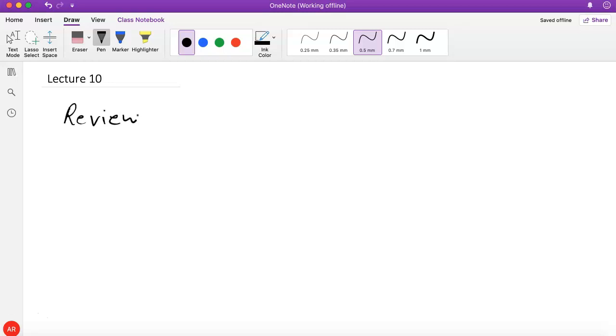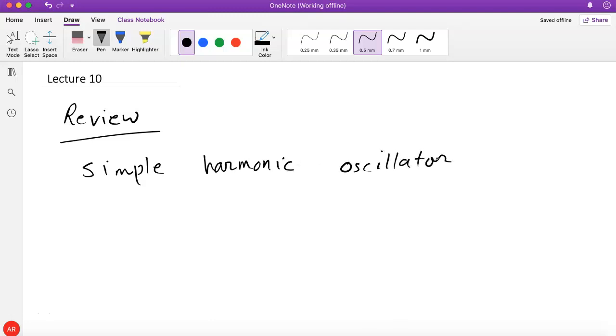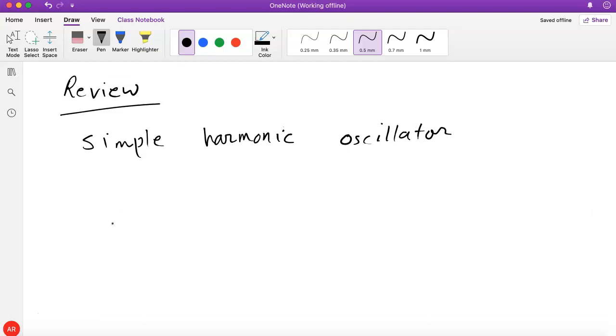So, review: simple harmonic oscillator. We said it's periodic dynamics with a sinusoidal form, which in general we can write as x of t.